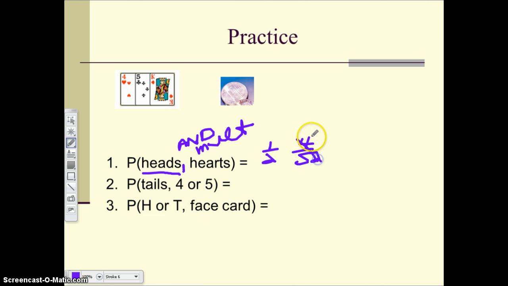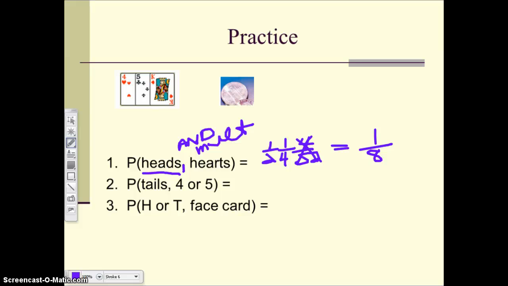Or let's simplify that because we're going to have to multiply, and I don't want to have to multiply 4/52 if I don't have to. 1 in 4. Multiply across like a boss. 1 times 1 is 1. 2 times 4 is 8. There is a 1 in 8 chance that if I were doing both of those events, they would turn out the way I want. I would draw a heart and I would flip a heads.